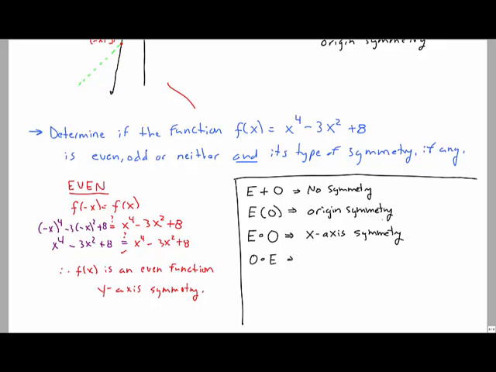So if I took an odd function and plugged it into an even function, I'd end up with x-axis symmetry. Now, if I took an even function and plugged it into the odd function, I'd end up with y-axis symmetry.